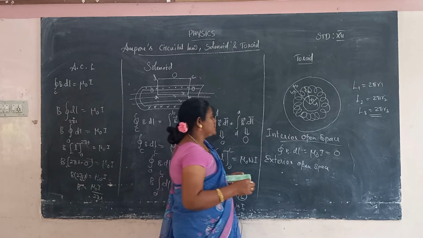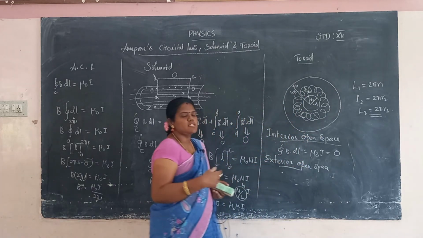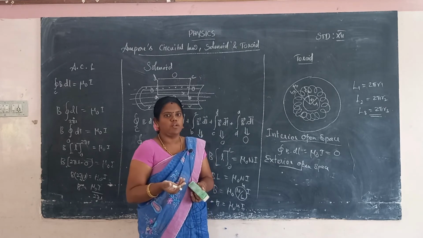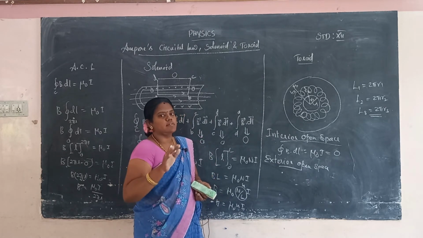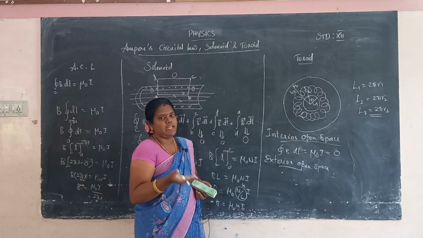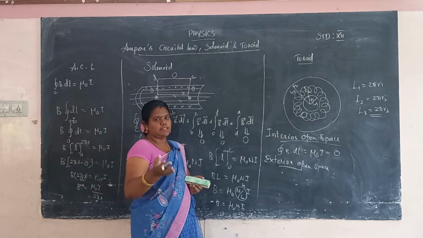In the exterior open space, there is no current at all, because the current only goes through the toroid. So as well, the magnetic field completely vanishes at that point.